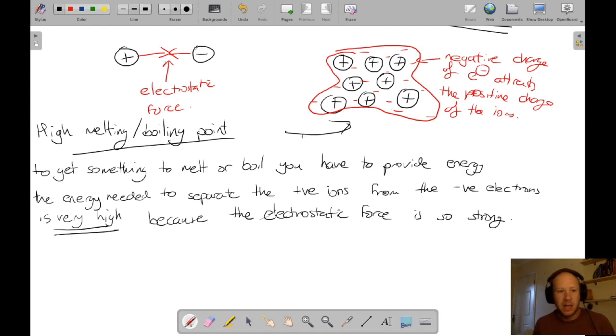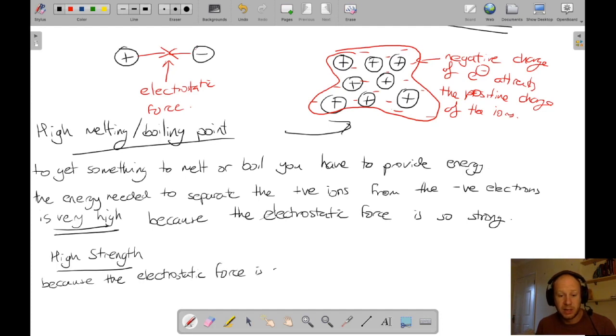All right, let's also talk about the strength, because that's also to do with this as well. Again, because the electrostatic force is so strong, metals are difficult to break.